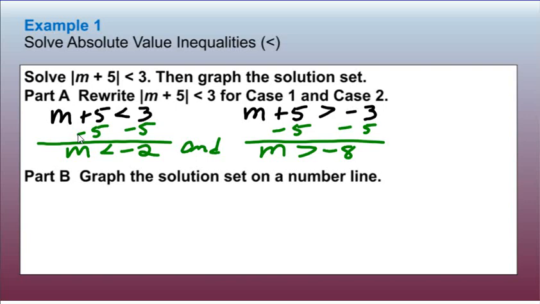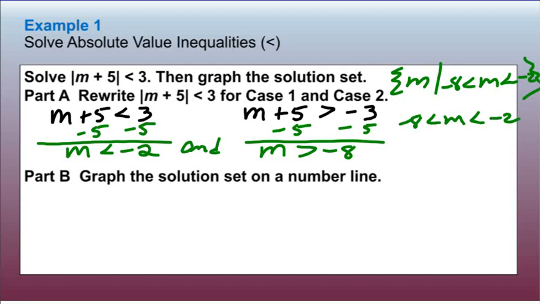If we put it in set builder notation, we could put it as m such that m is less than negative 2, but greater than negative 8. Or you can write it this way, where you have m is less than negative 2, but greater than negative 8. Either way would be correct.